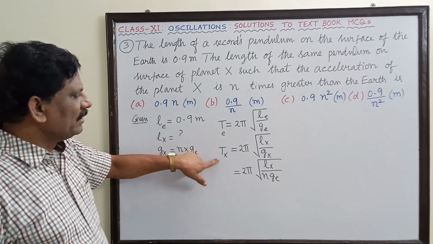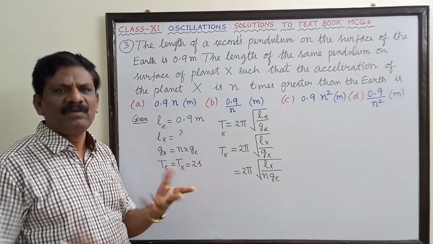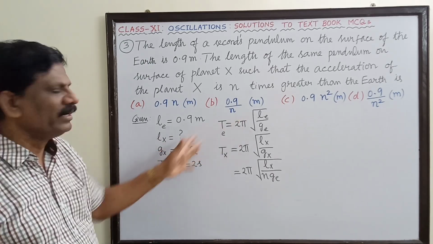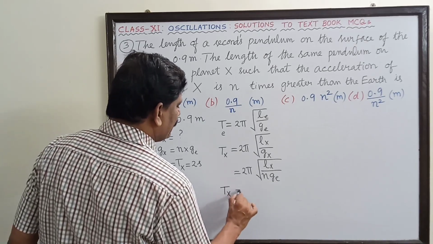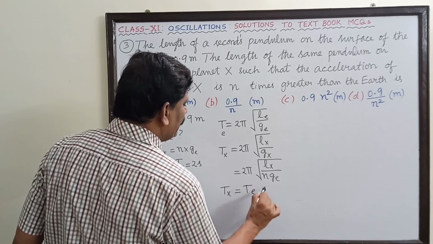Now the left hand side, the period of oscillation for a seconds pendulum, will be the same on both the surfaces. So I am going to equate. T_x is equal to T_e.